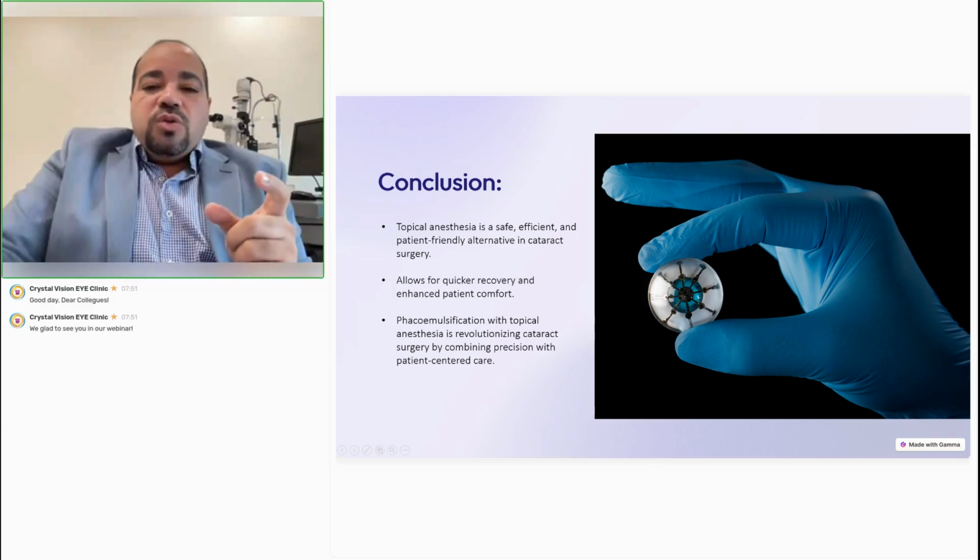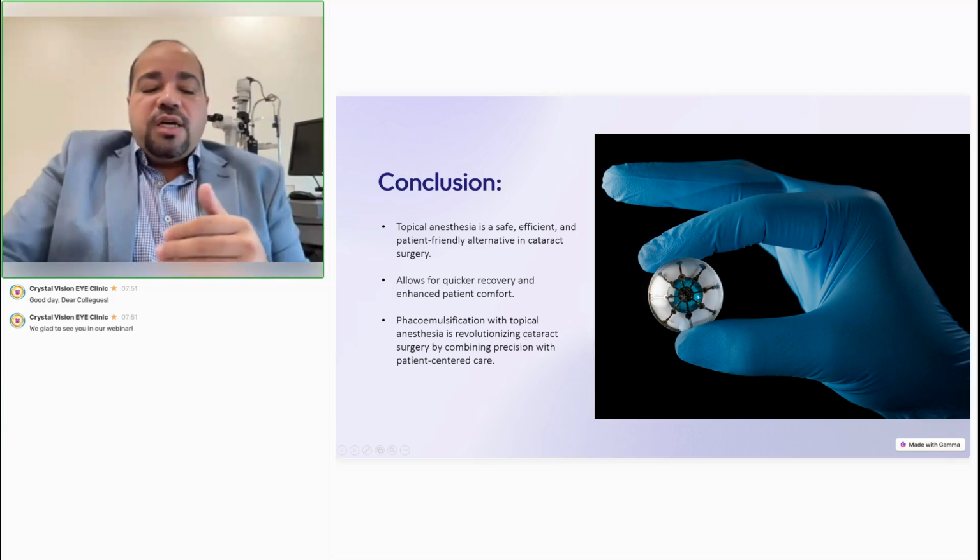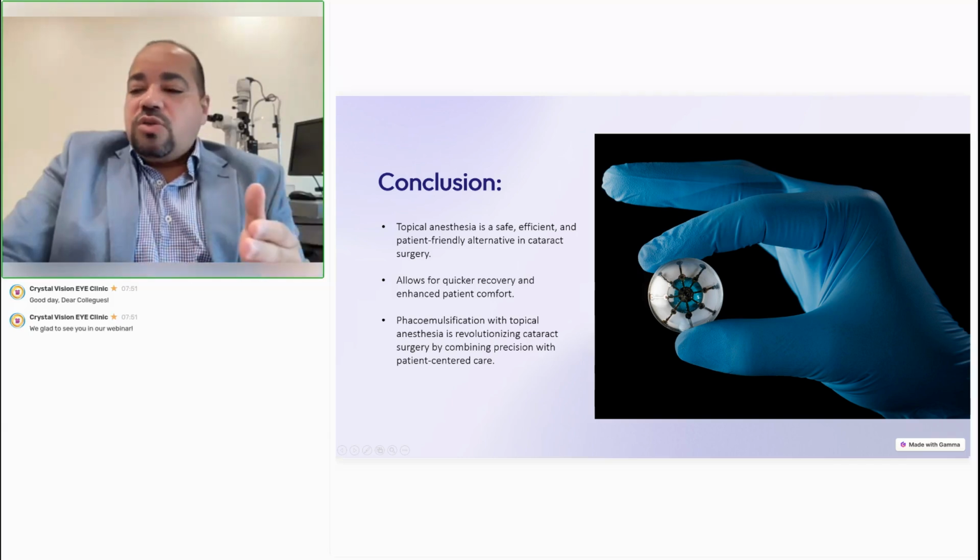Last thing, I want to say something about this. If we check the history of cataract surgery and anesthesia, there were many trials to decrease the use of anesthesia in cataract surgery. For example, in 1998, one of the surgeons tried to develop a technique called no-anesthesia cataract surgery.